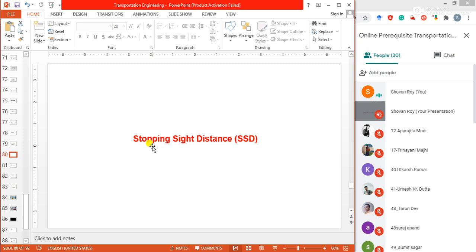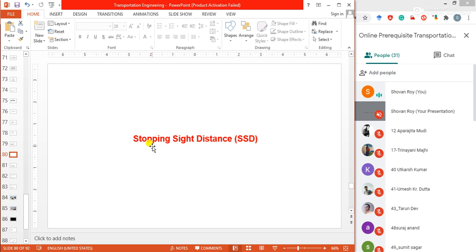We have to calculate the design speed of the vehicle. You can see during your journey on any road, there is a speed limit. Who sets this speed limit along the roadside?